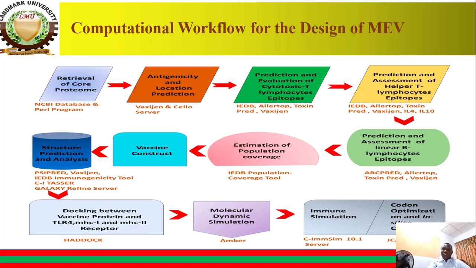After which prediction and evaluation of cytotoxic lymphocyte epitopes was performed by the use of IEDB, ToxinPred, and VaxiJen, after which it was subjected to the prediction and assessment of helper T cells by the use of IEDB, ToxinPred, VaxiJen, and their ability to induce interferon, interleukin 4, as well as interleukin 10.